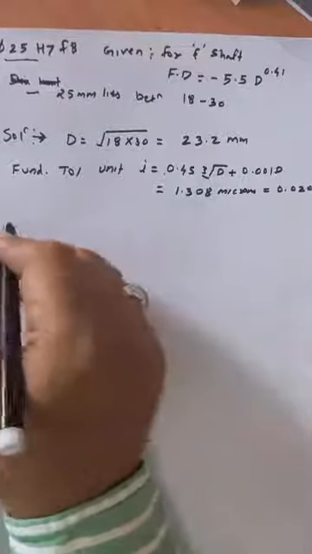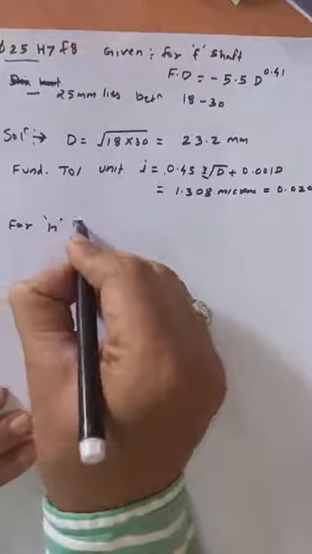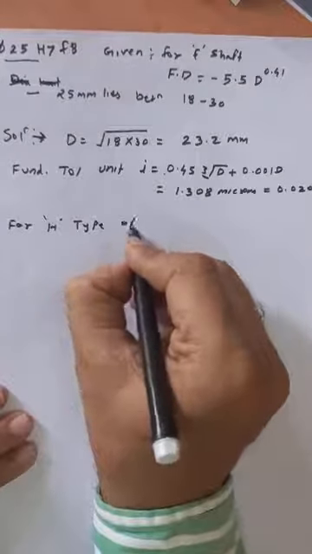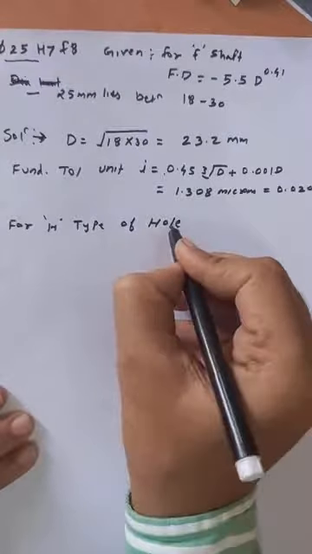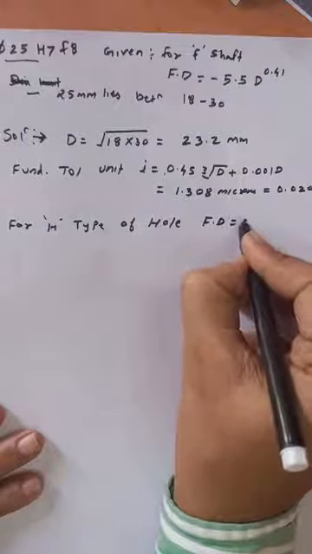So as we know, for H type of hole the fundamental deviation is 0.